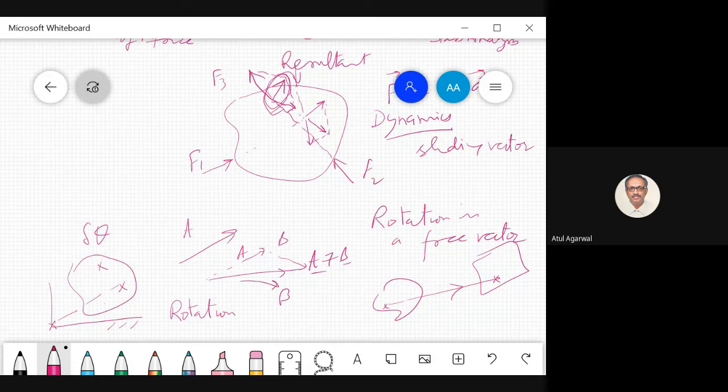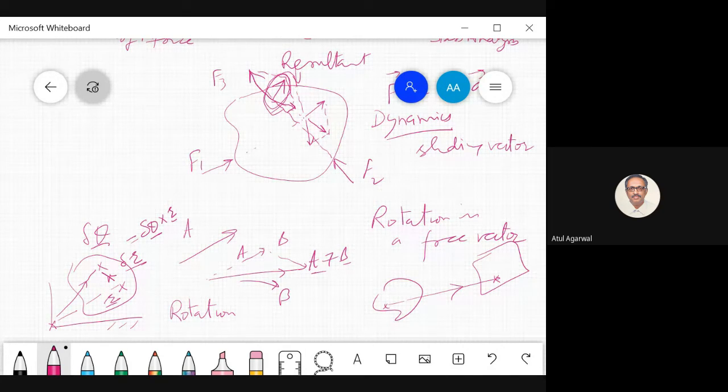So if you have got this vector r, then this vector is known as delta r, and this you will know is delta theta cross r.